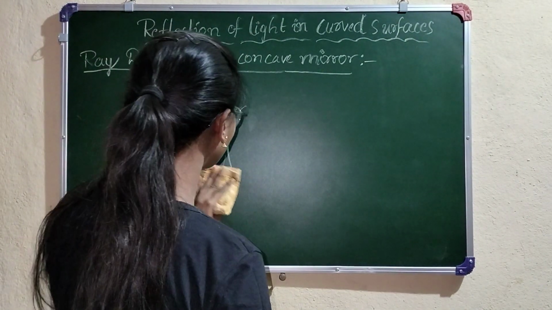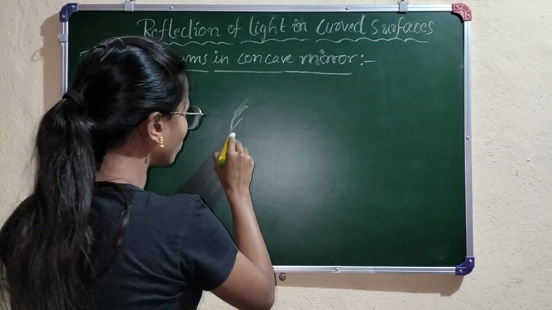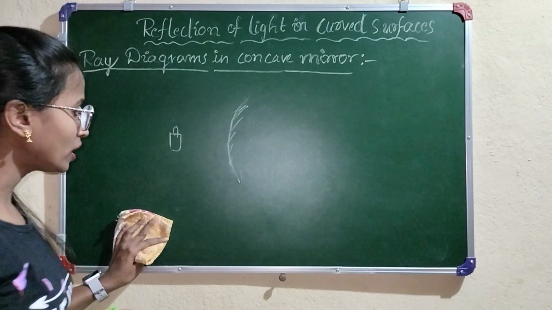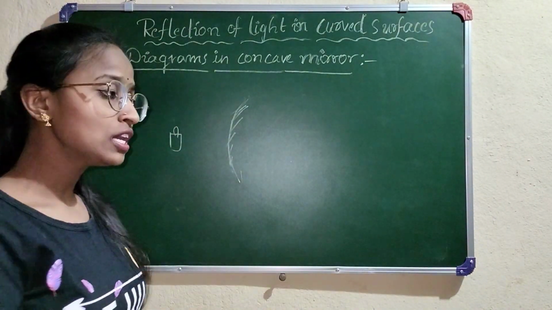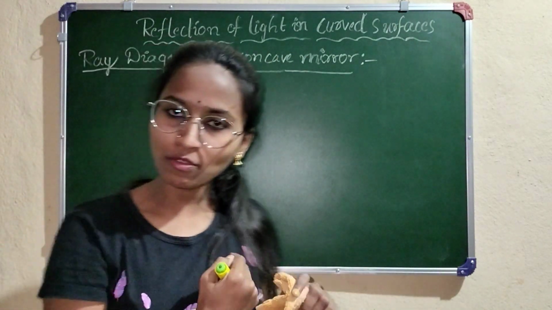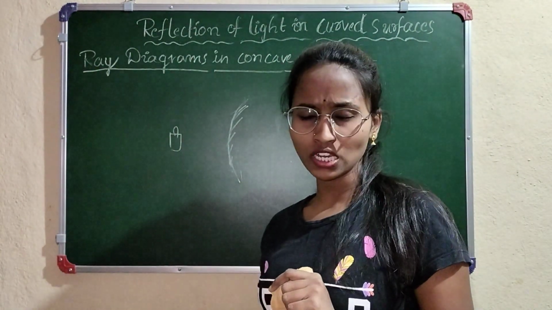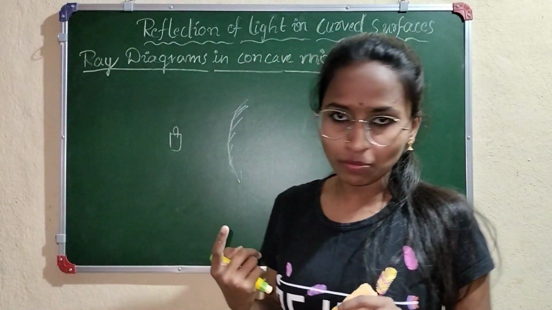Now I take the other side, the backwards side, and keep the same object on this side. Then it will form a different type of image. But in the case of a plane mirror, what happened? If you keep the object on that side or the other side, it forms the same type of image of the same object. Here, even for the same object, the concave and convex mirrors form different types of images.